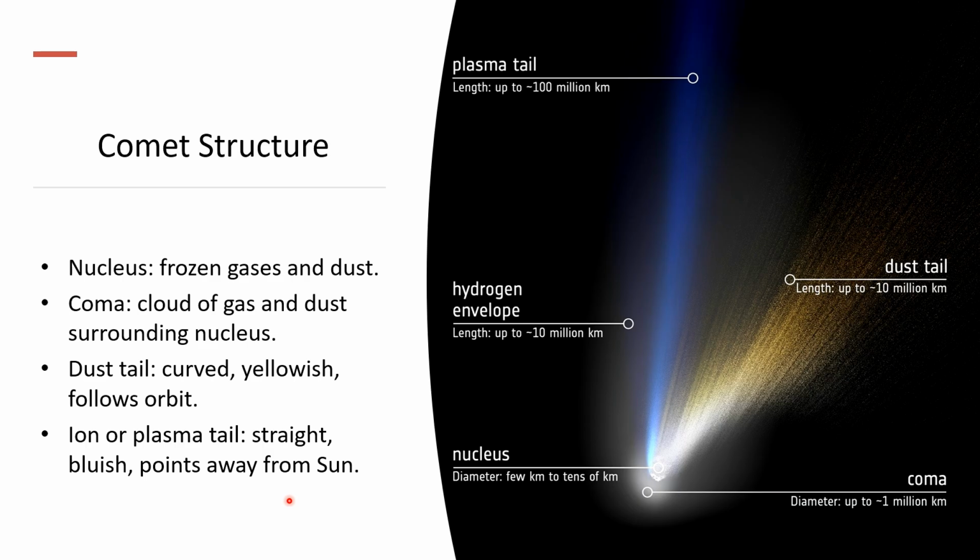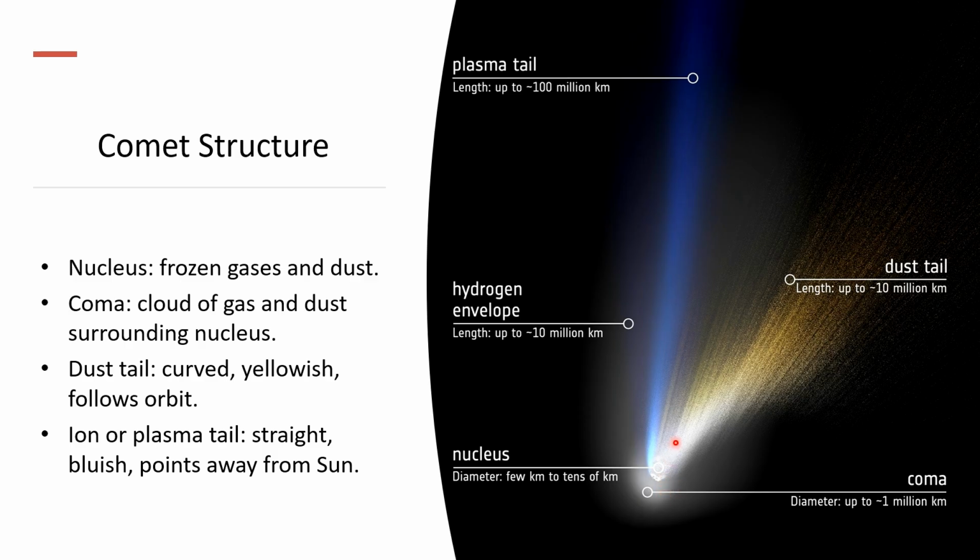The nucleus is the central portion. This is just the rocky, icy, dusty area that's only a few kilometers across. And around it is what's called a coma. This is where the gas is escaping, and the dust particles are shooting out of jets from the comet as it warms up near the sun. It emits two types of material.